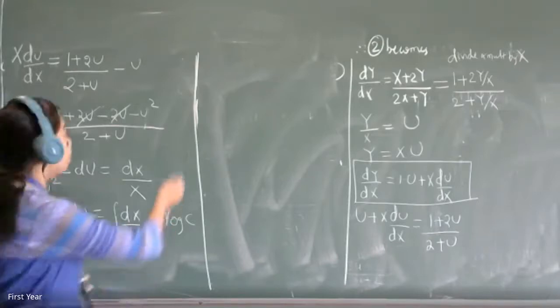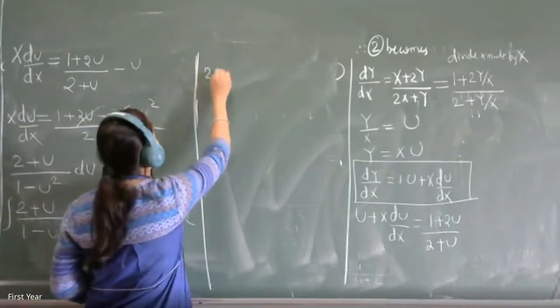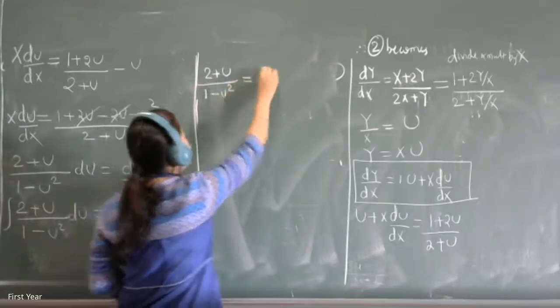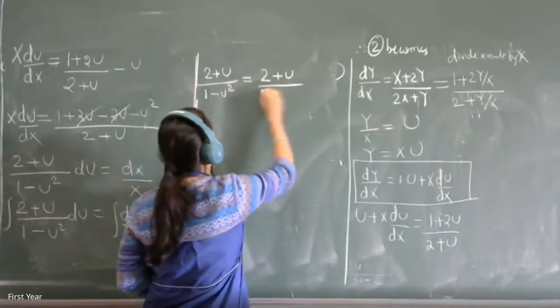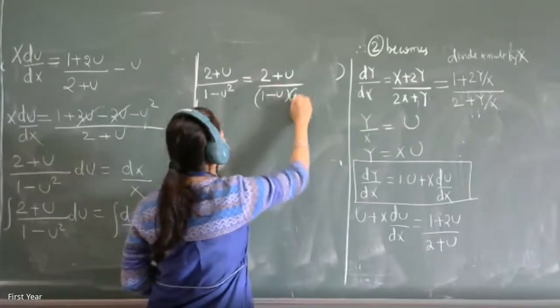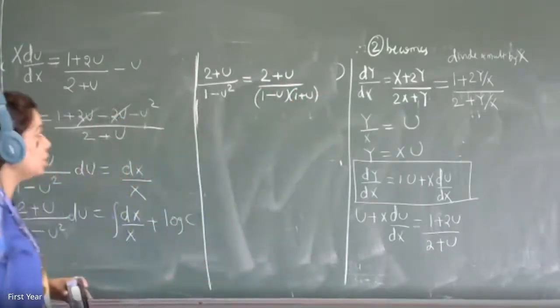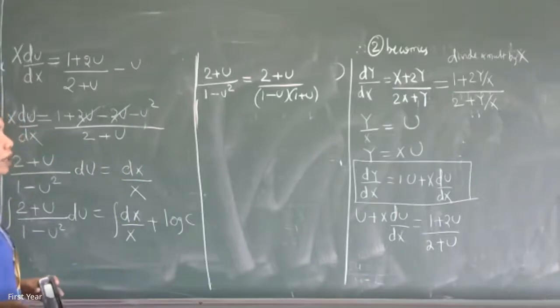Okay, so just see what I'm doing. I'm doing partial fractions of 2 plus u upon 1 minus u square, which is actually 2 plus u upon 1 minus u into 1 plus u. This is one way. If you are able to go ahead with that, whatever she told just now, and collect the coefficients properly, then you get the answer.